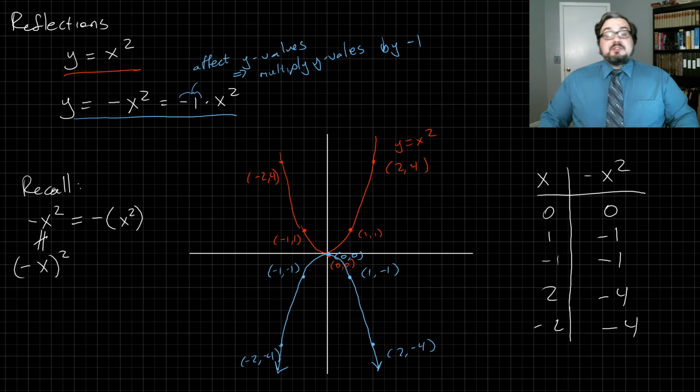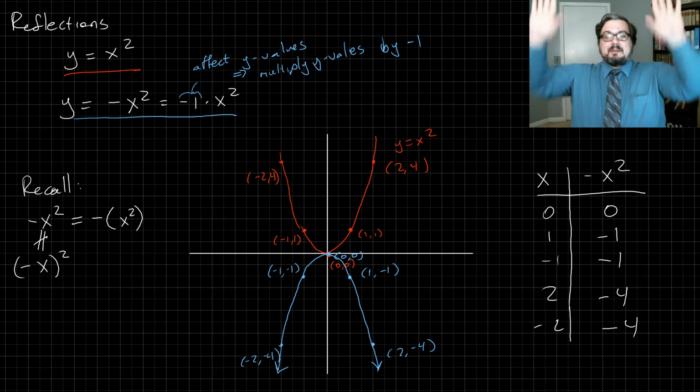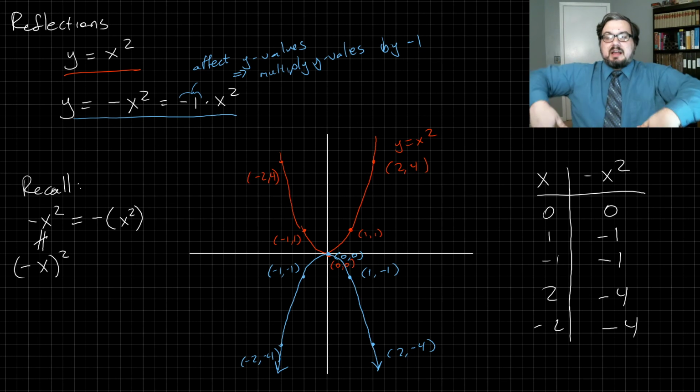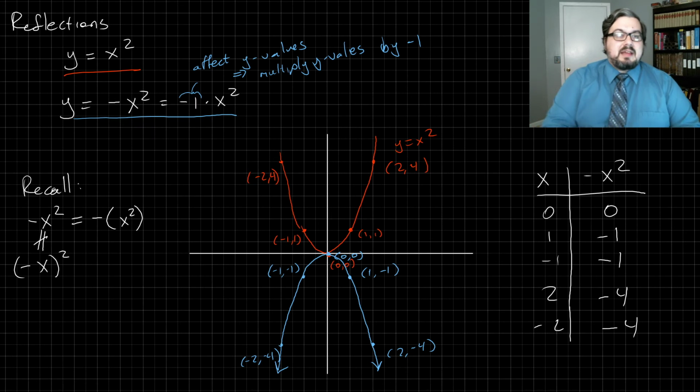So we can see visually what's happened here quite easily. The graph has reflected across the x-axis. Now, even though we've said x-axis here, this is actually a vertical change. We've taken something that goes up and we've reflected it vertically to the other side of the x-axis. Every one of the points on the graph has reflected around the x-axis to the opposite point.